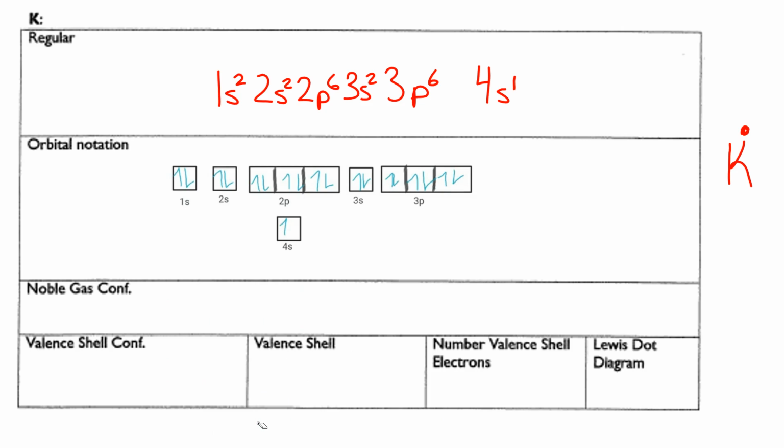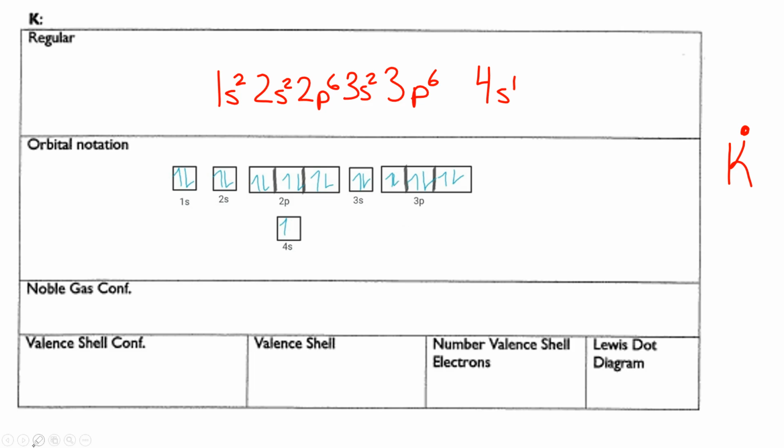It should look something like that. All right, the 4s can be right up next to the 3p. That doesn't matter. But you should have 2 in the 1s, 2 in the 2s, 6 in the 2p, 2 in the 3s, 6 in the 3p, and it kind of got blended together. That's actually 2 different arrows there.